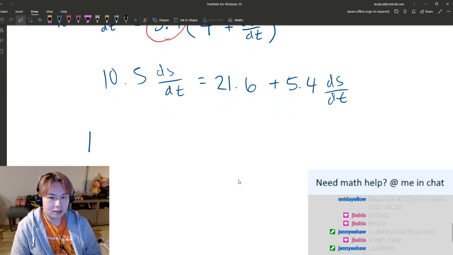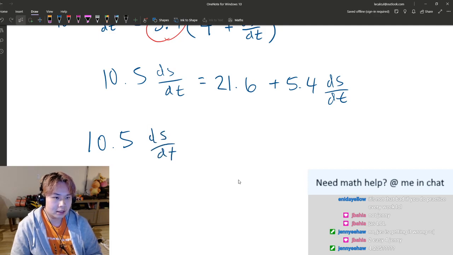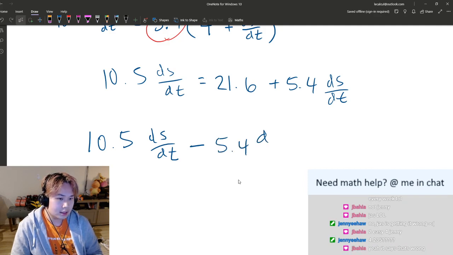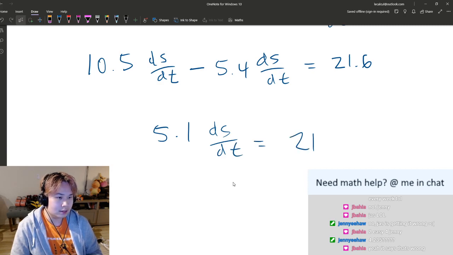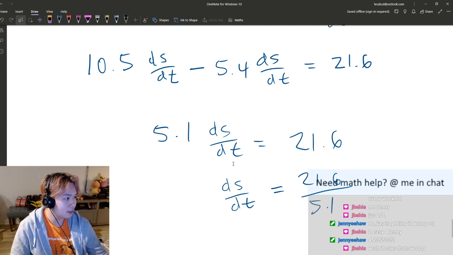So then you have 10.5 ds dt minus 5.4 ds dt is 21.6, which means that 5.1 ds dt is 21.6, so ds dt is 21.6 divided by 5.1, and then it says that this is wrong.